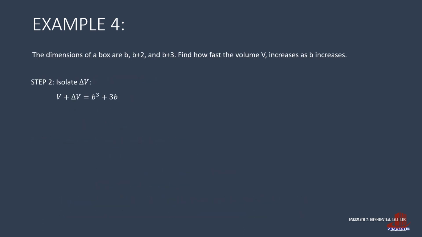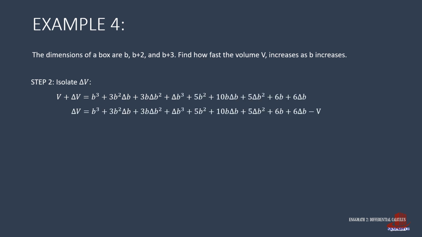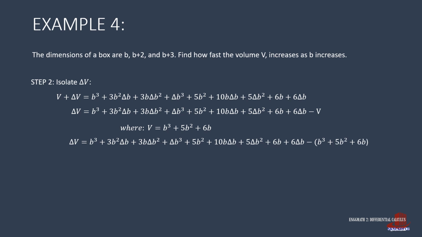The second step is to isolate delta v, which is just identified from the premise as v is equal to b cubed plus 5b squared plus 6b.